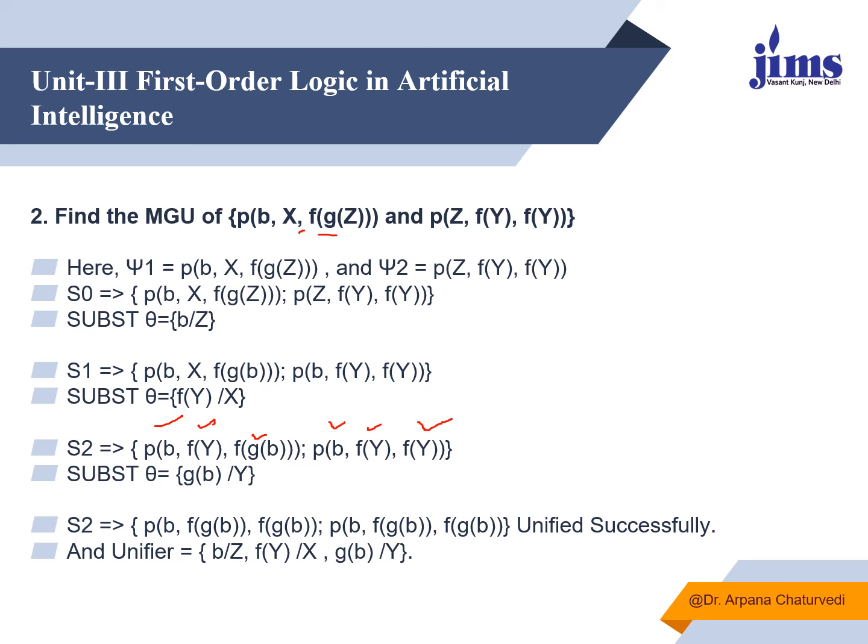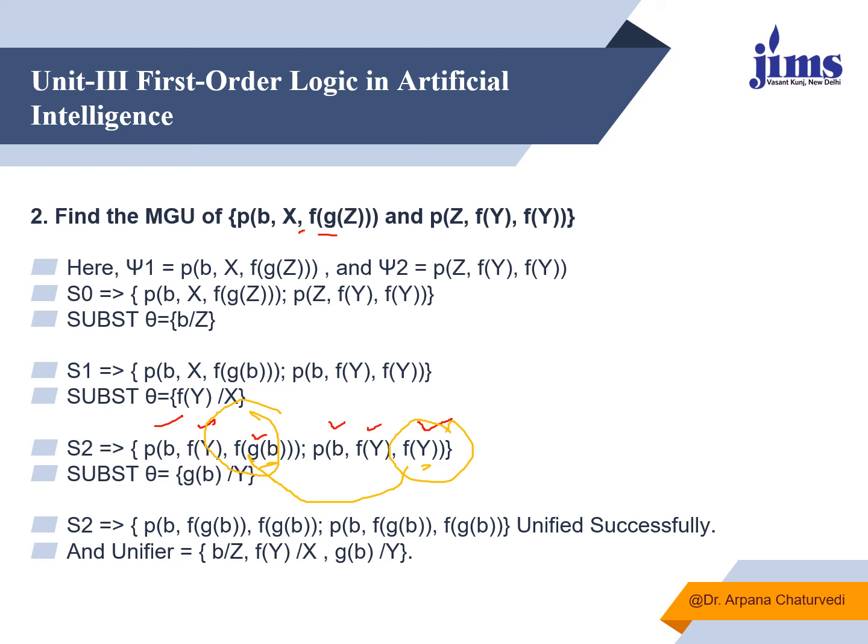Fine. Now we are left with the third one. Third one is what? fgb and fy. We are saying that this y can be replaced by gb because f and f are same. So we will not consider f and f. We will see the inner argument gb and y. We can substitute y with gb.